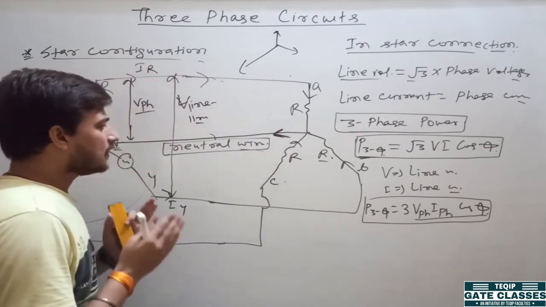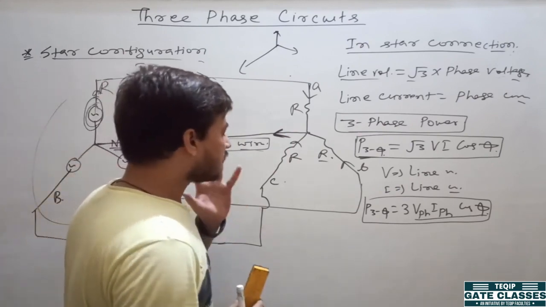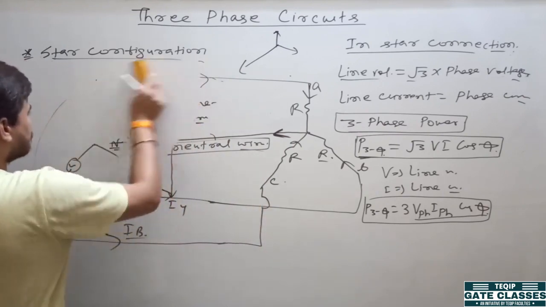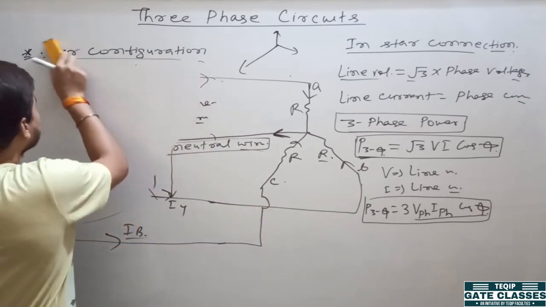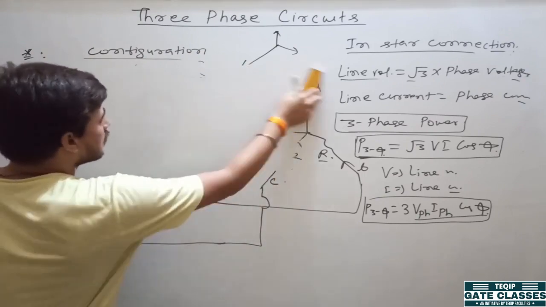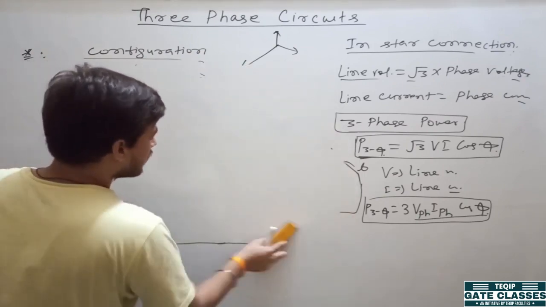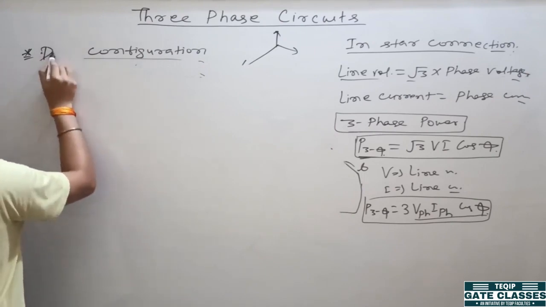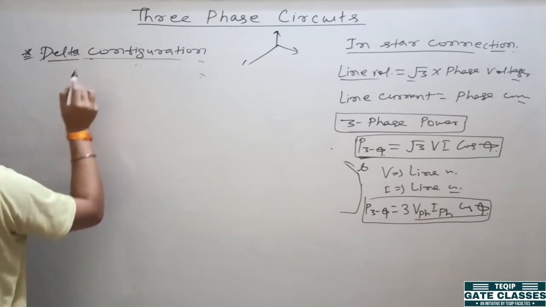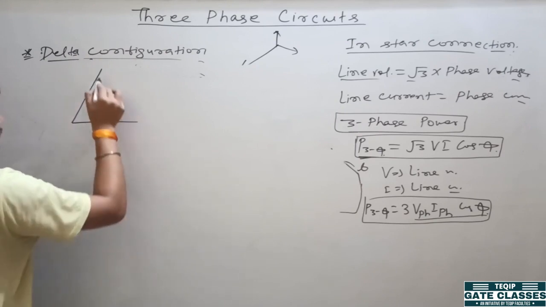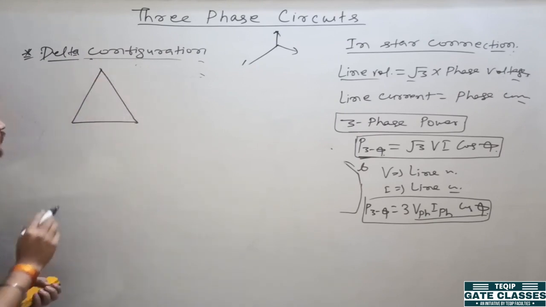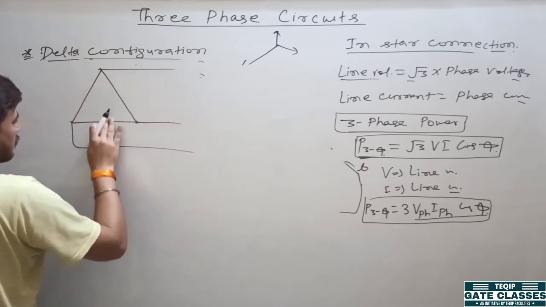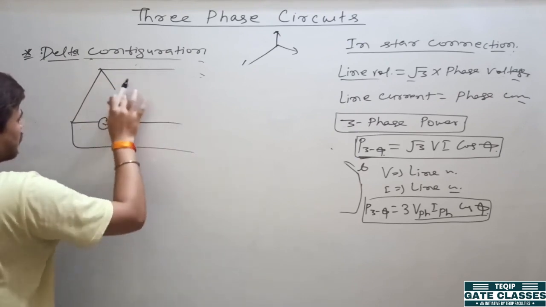Next let us see delta connection. So what about delta connection? Let us see the delta configuration, and again we will write the relations in case of delta configuration. You see you are having the connection like this. Suppose I am drawing the windings of generator.